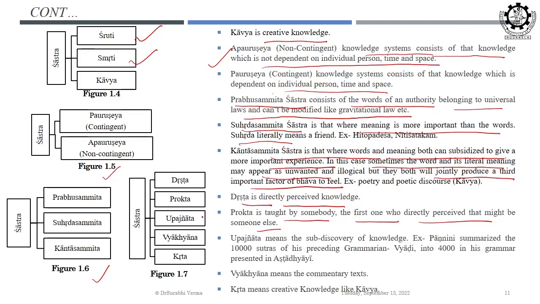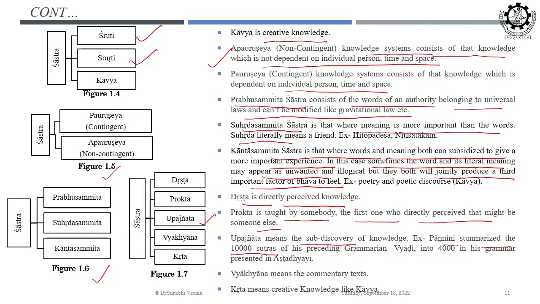Third is upajnata. Upajnata means sub-discovery of knowledge. For example, I am explaining to you the name of Panini. From the first lecture itself, Panini is not the only grammarian available in our tradition.